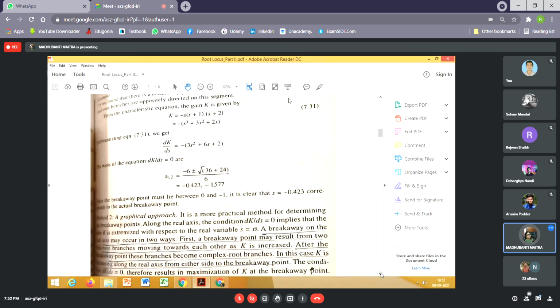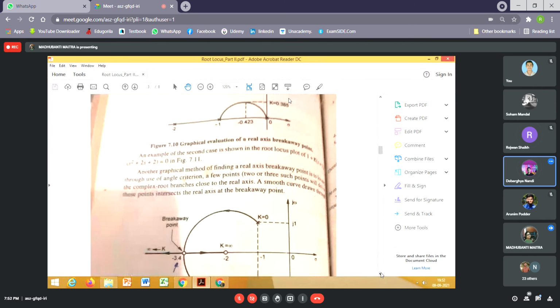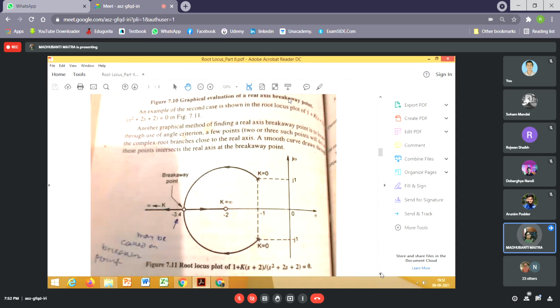Is this clear? Okay. Now let's consider another case. Here you see we have a complex conjugate open loop pole pair, say located at minus 1 plus or minus j1.